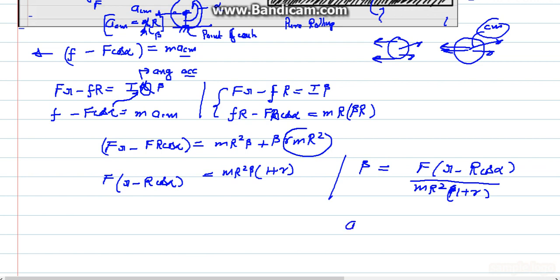And what is the center of mass acceleration? It is F times R minus r cos alpha, multiplied by R to get center of mass acceleration, over mR 1 plus gamma.